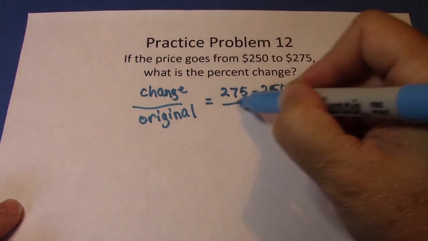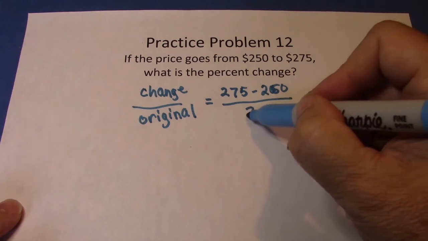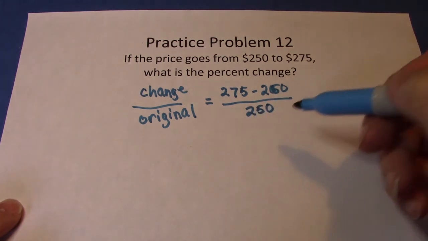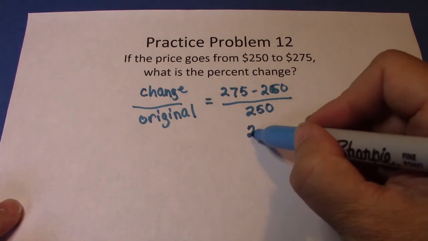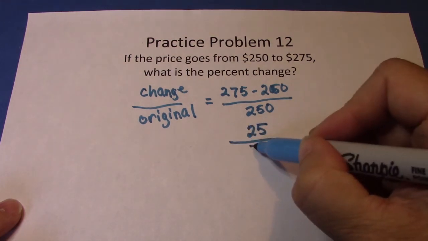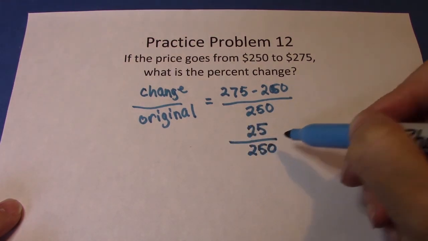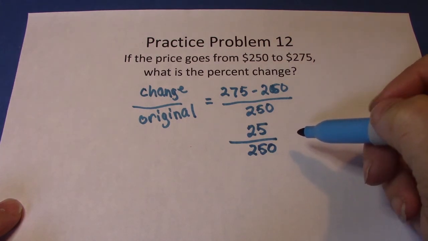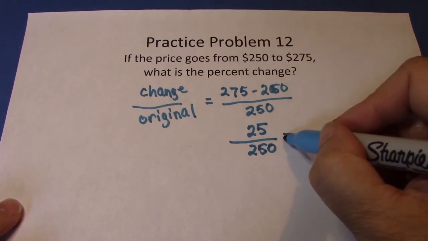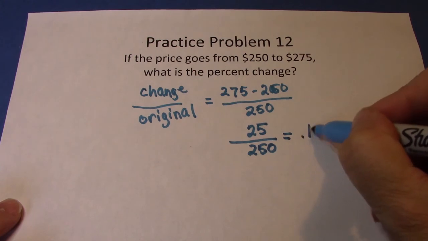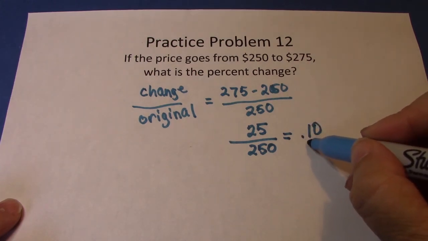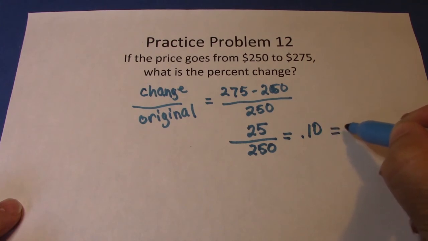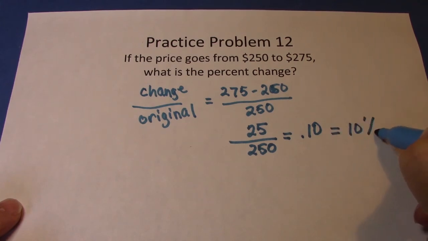And the original was where it started at. 275 minus 250 is 25, divided by the original 250. When I do that division, I would find out that that is 0.10. And of course we can convert that to a percent, move it 2 places to the right, and add the percent sign. That's a 10% increase.